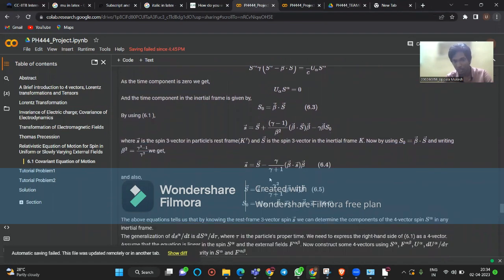we have got the equations for small s bar in terms of the capital S bar.